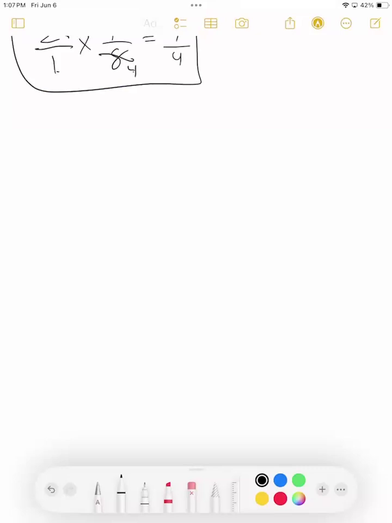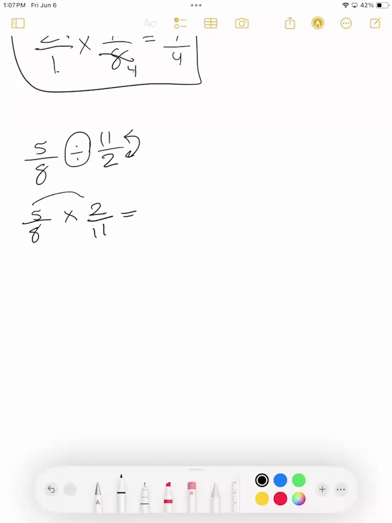Let's do another division. We have 5 over 8 divided by 11 over 2. Remember, leave the first number alone. Change division to multiplication. Flip the second number. You would multiply top, top, bottom, bottom, reduce later. 5 times 2 is 10. 8 times 11 is 88.